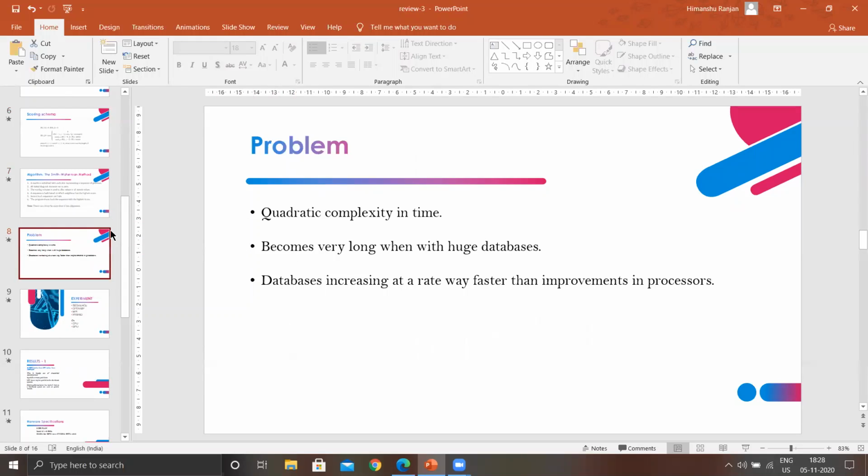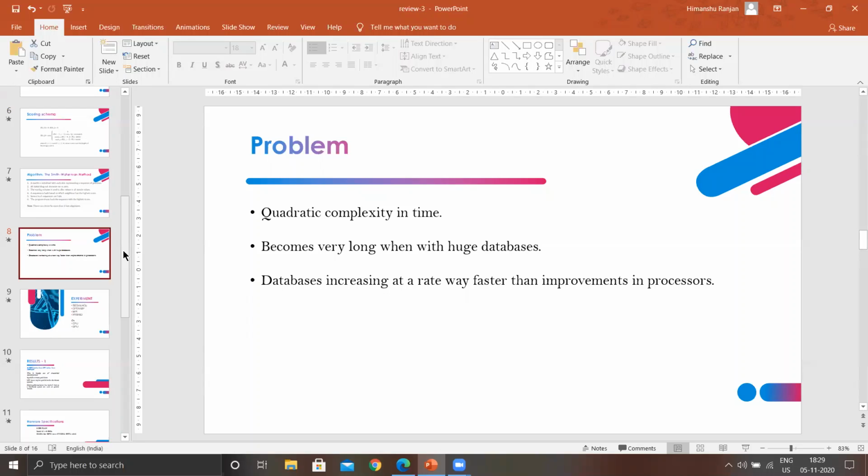Sir, the most documented problem with the SW algorithm is that initially it had a quadratic complexity in space as well as in time, but with research over many years, one of the chief problems that still remains is its quadratic complexity in time.